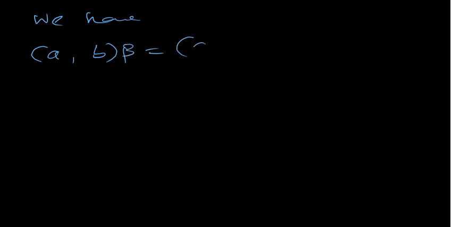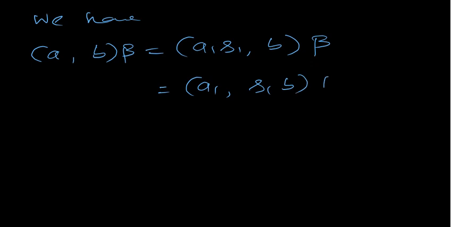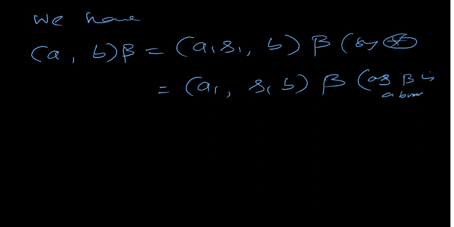So we have (a, b) of beta. But what's a from this set of equations? It's a1 s1, so (a1 s1, b) of beta, and this a is equal to a1 s1 by the star equations. As beta is a bimap, that's equal to (a1, s1 b) of beta. What's s1 b?